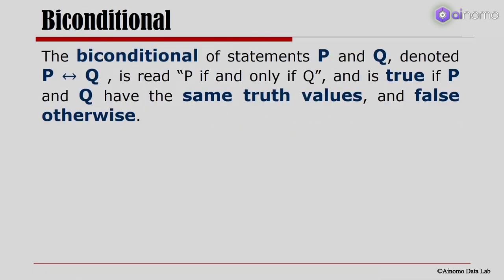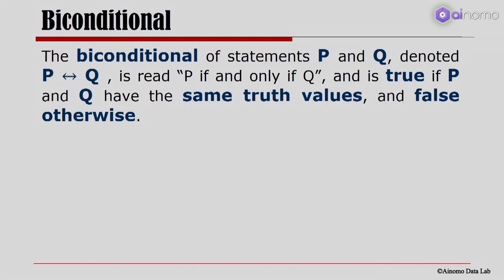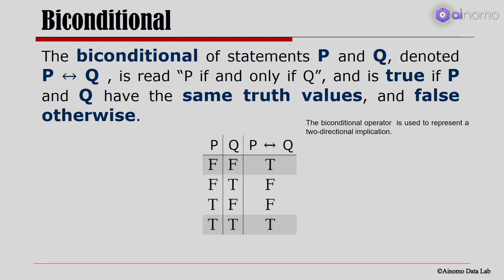Let us look at now the biconditional of statements P and Q, which is denoted as P if and only if Q. It is true if P and Q have the same truth values and false otherwise. The biconditional operator is used to represent a two-directional implication.